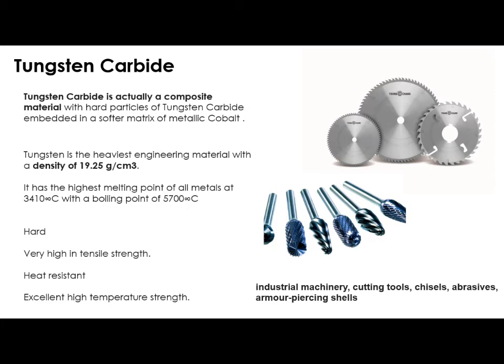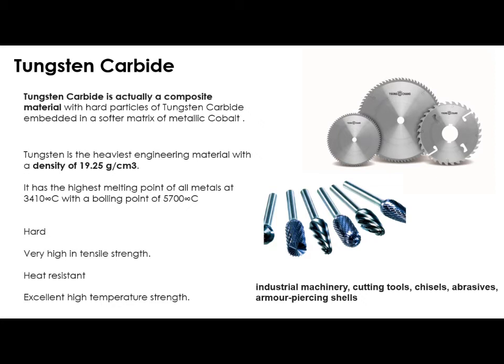That means if you had a tungsten carbide drill bit or a tungsten carbide lathe tool, you are going to be able to cut materials that produce a huge amount of heat, and you know that that tool is not going to melt or change shape or break, basically.